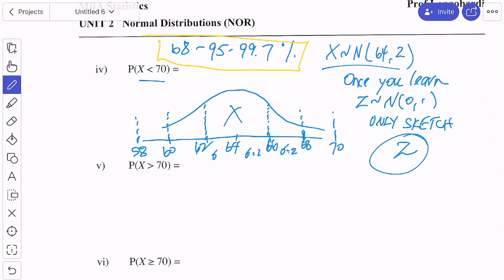So in this question, I want less than 70. So that's going to be the area, all this. Now I can extend that line if that bothers you, that this doesn't hit, but this goes on, right? And this one goes on.